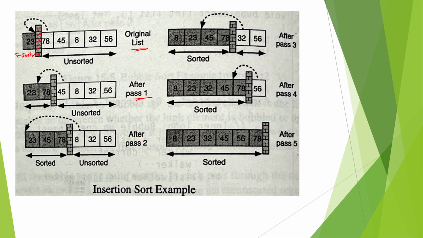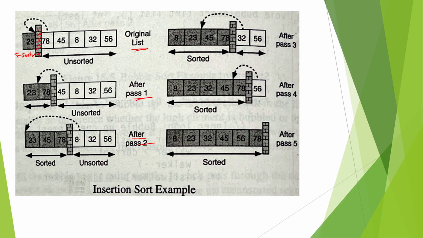So after performing sort pass 2, we got 23, 45, 78, 3 items in the sorted list. Hopefully you understood. Then after that, we need to pick this 8. Always, as you can see, we are picking the first item only from the unsorted sublist.